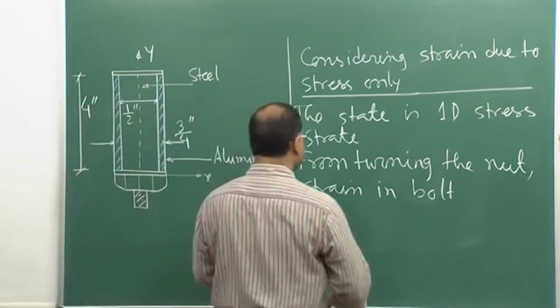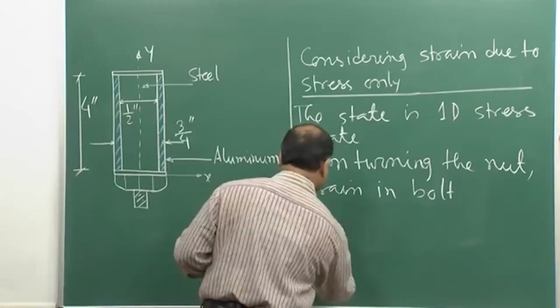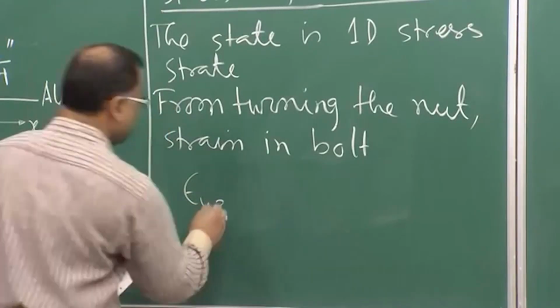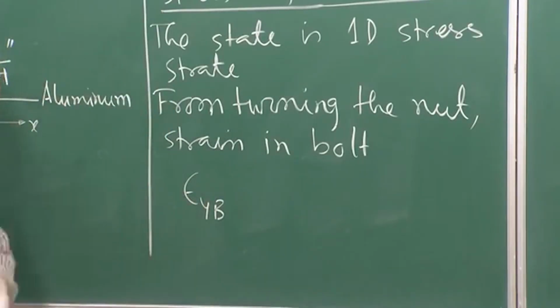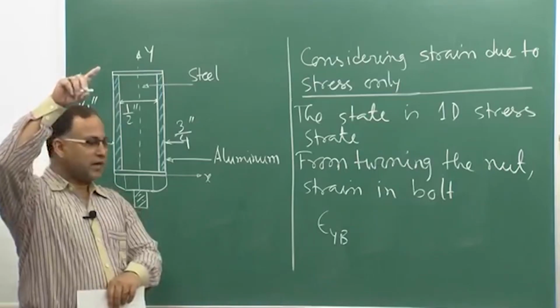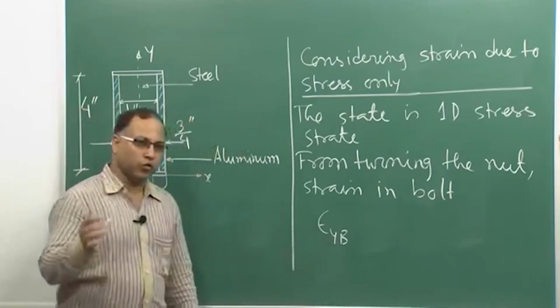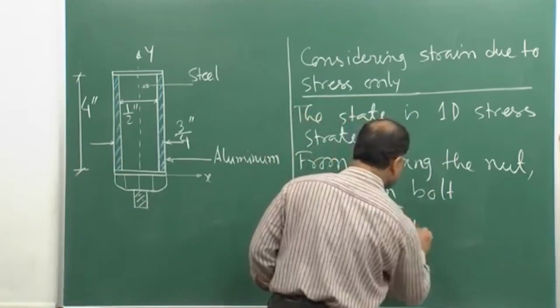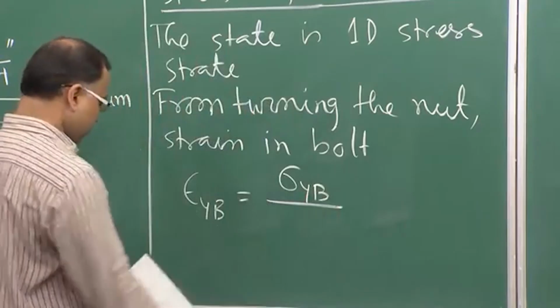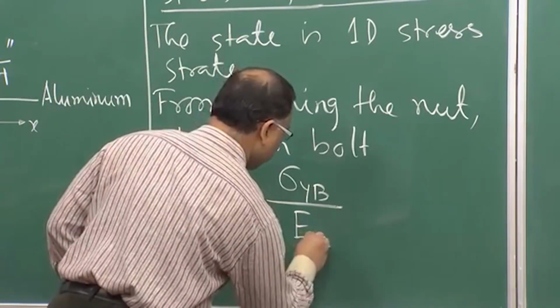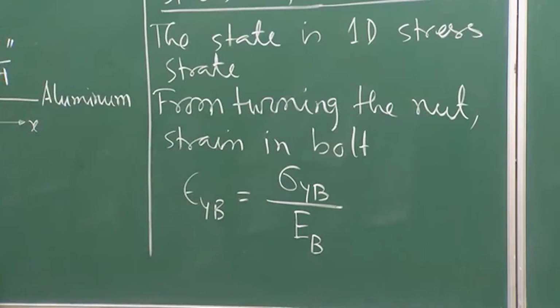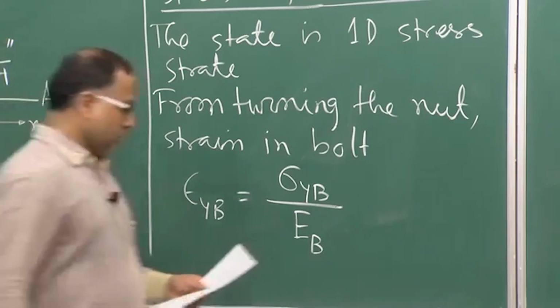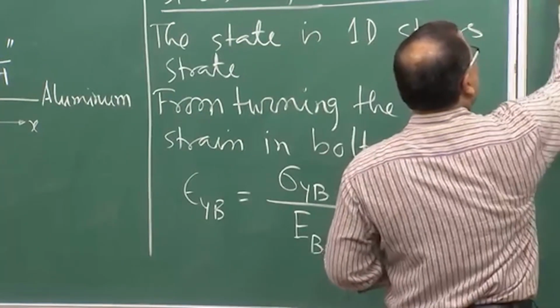So, that strain is epsilon_yb. Epsilon_y is the strain in the y direction and b stands for bolt, which is equal to the stress developed in the bolt in y direction divided by E_b, the Young's modulus for the bolt, that is nothing but steel. Okay. Now, for the sleeve, what is happening?